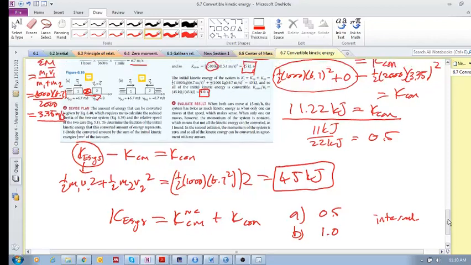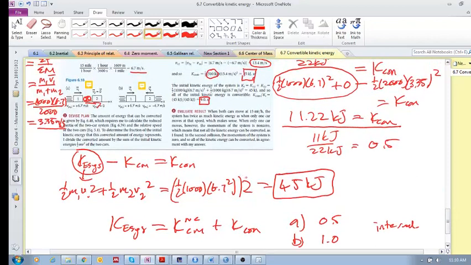Okay? So now, let's have a look at this. Why was some of this in part A convertible, 50%, but in part B, all of it was convertible? Well, it has to do with this.